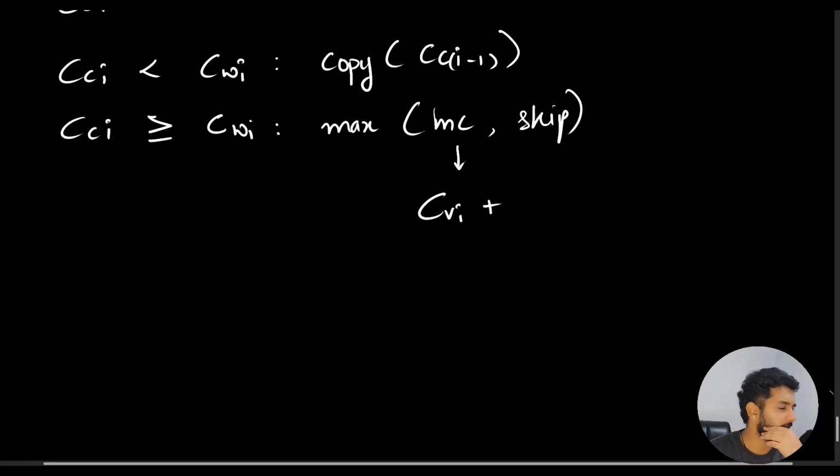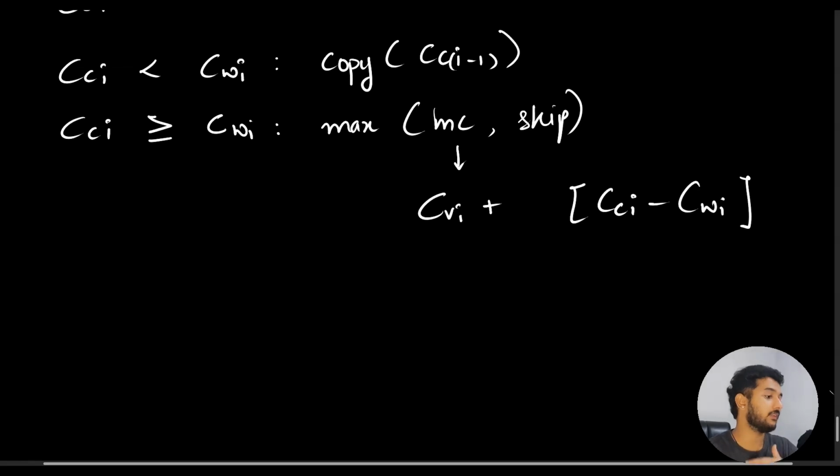And how will we get that? We'll get that from the current capacity minus the current weight, and we want the previous value. So from the table, go to row I minus 1, which is the previous row.